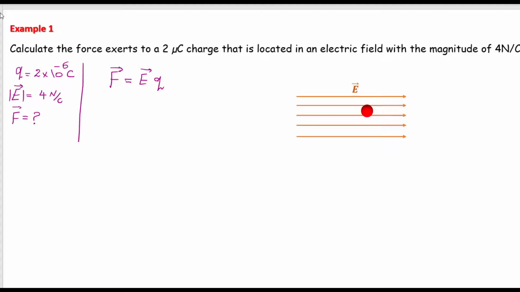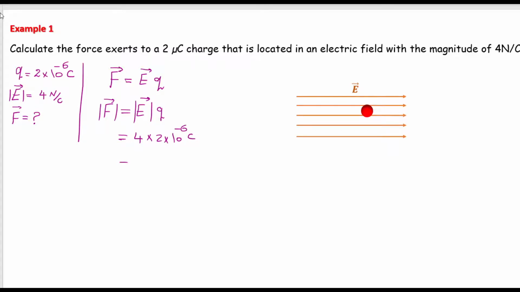So first of all, I'm trying to calculate the magnitude. So force F, when I'm writing like that, it means the magnitude of F, the magnitude of E, times charge Q. Q or charge is a scalar, okay? So I can write 4 times 2 times 10 to the power negative 6 coulomb.